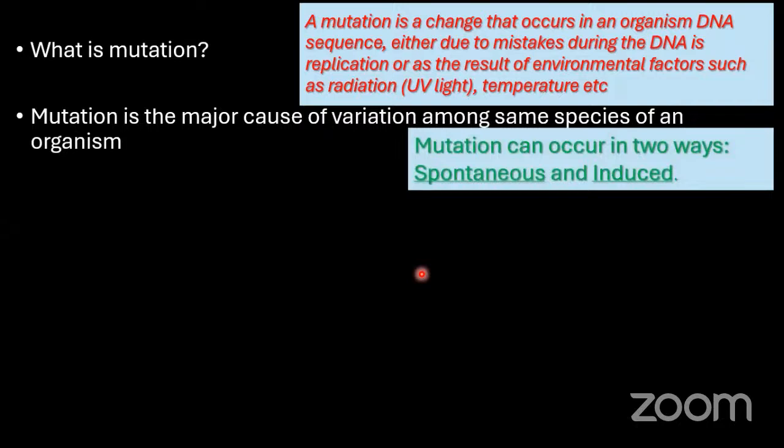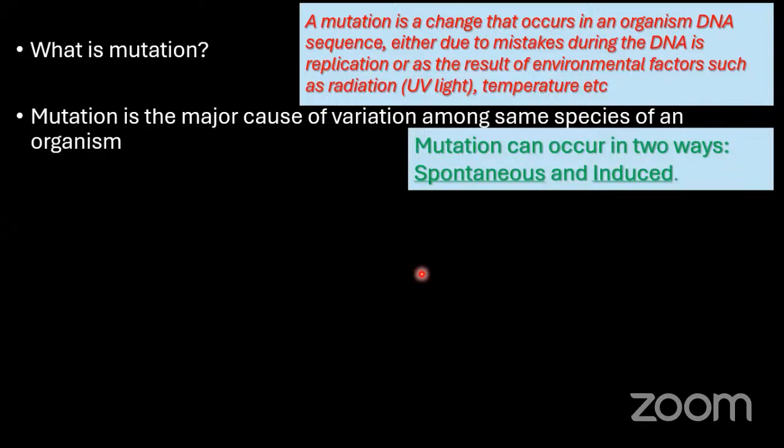Mutation can occur in two ways. We have the spontaneous mutation and the induced mutation. When we say spontaneous mutation, these are mutations that occur naturally, like I described previously. Those that occur during DNA replication are natural mutations. Whereas those mutations that occur as a result of human intervention are called induced mutation.